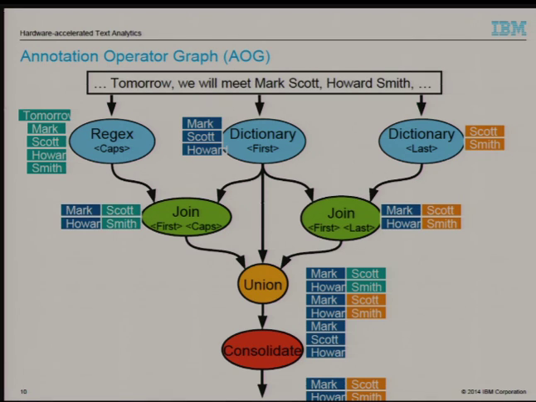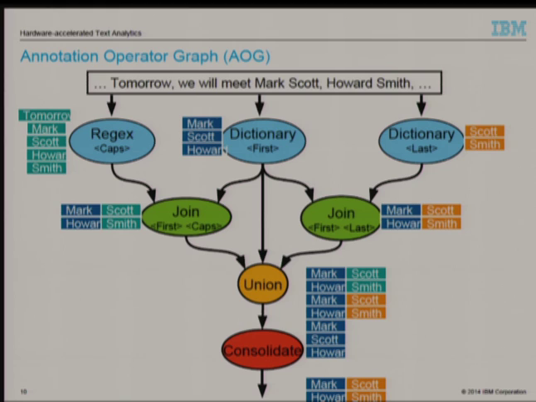So let me show you an example of how an AOG looks like. I'll spare you giving a tutorial on AQL, but the operator graph is quite interesting. On the very top, I have my input text, and I would like to find out who I'm going to meet tomorrow. Usually the first line of operators in such a graph is the extraction operators. These would be regular expressions I would like to find in the text, or certain strings that I would like to find within the text.